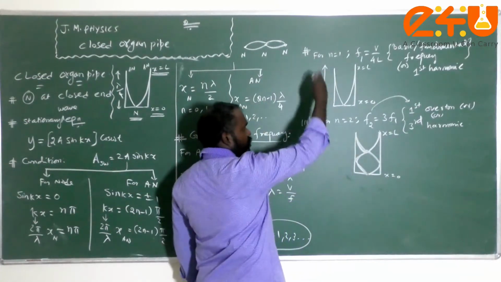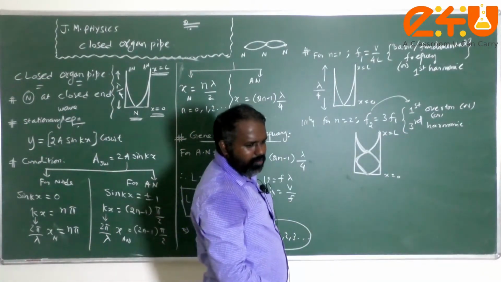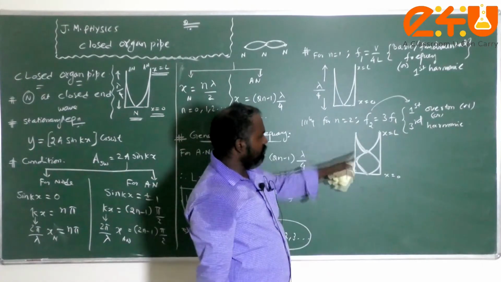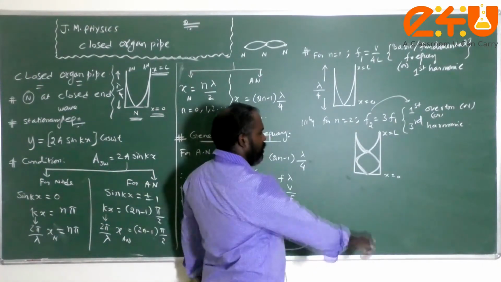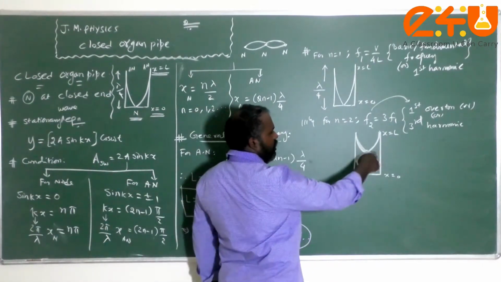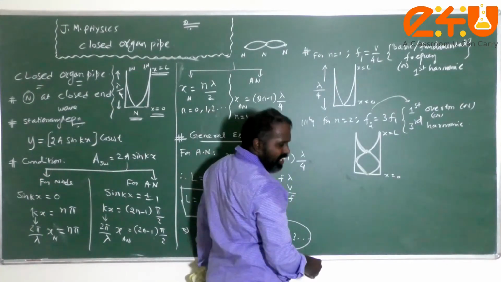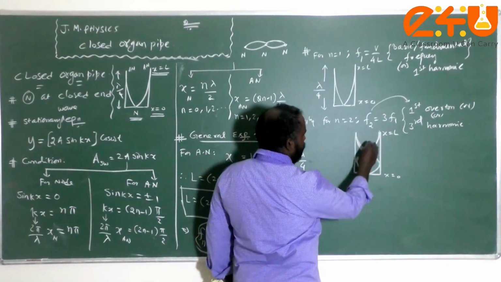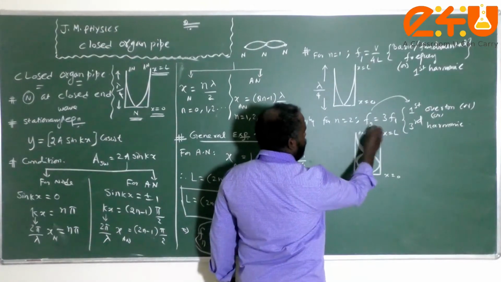If you take the tube length to be 20 centimeter, this length remains 20, but the number of loops generated increases. So this is N, this is N, and this is antinode.